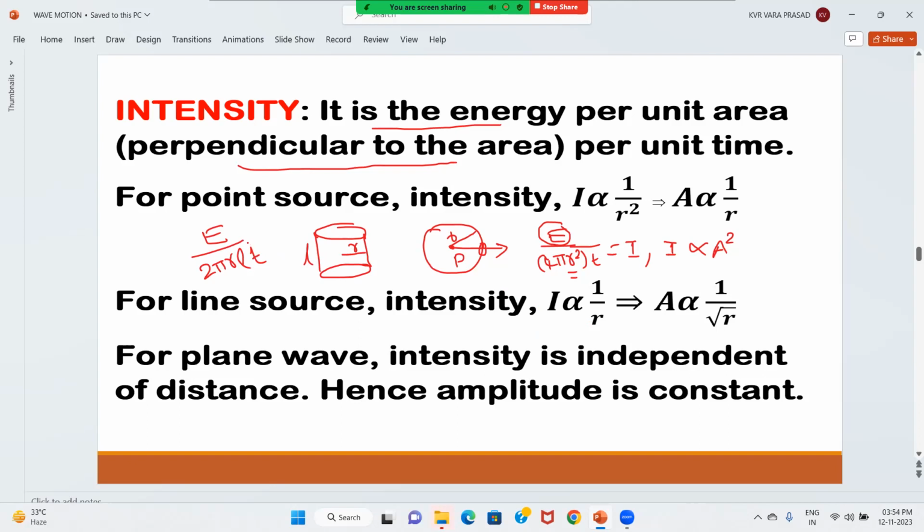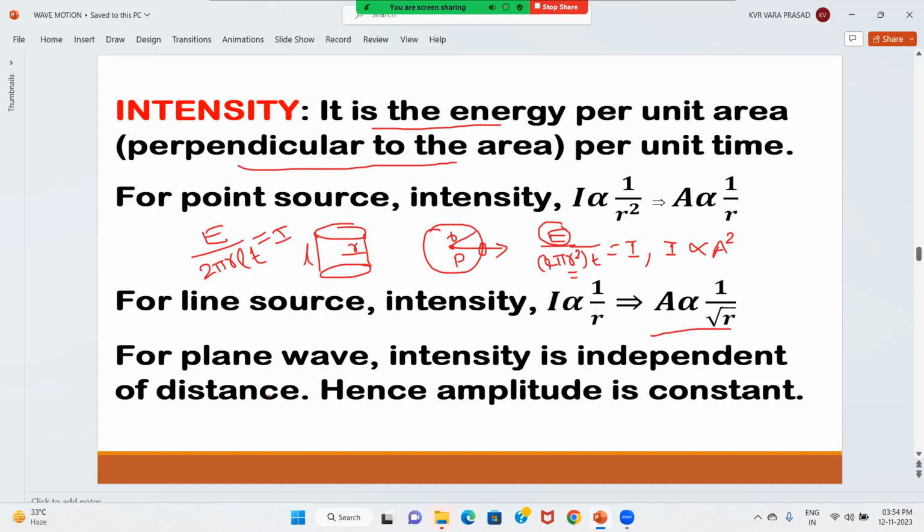Energy is constant, or you can say power is constant. So intensity is proportional to 1 by R. Intensity proportional to 1 by R means amplitude is proportional to 1 by root R.